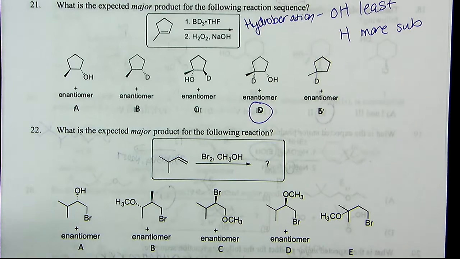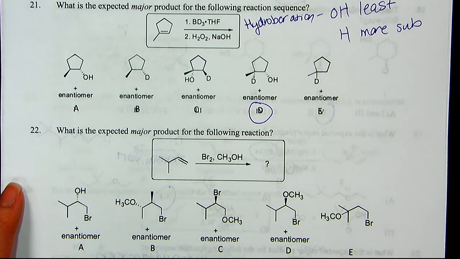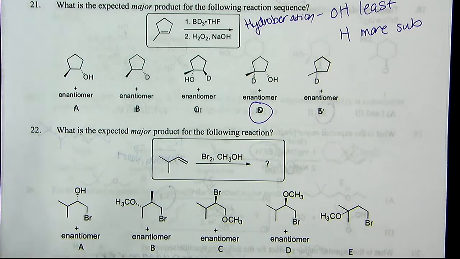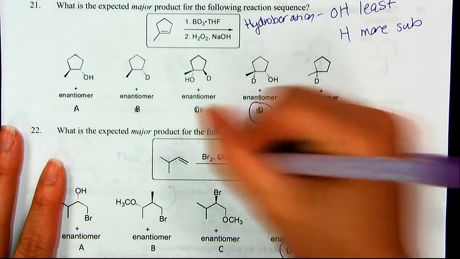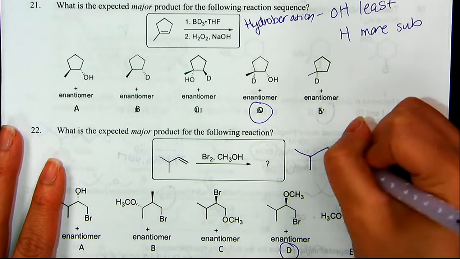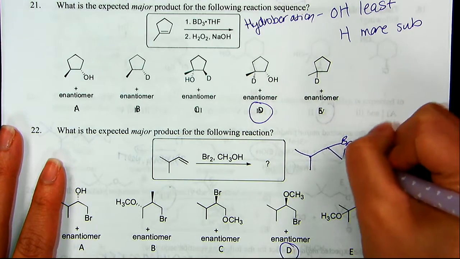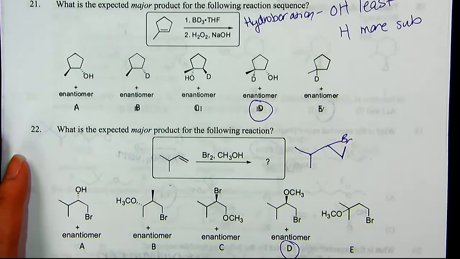Number 22. What is the major product of this reaction? So we have Br2 with methanol. When you do this, you should be adding a bromine group followed by a methanol group. It's like Br2 with water, but the methanol is going to be attached there. So this would be D. The bromine is on the more substituted side, and the methanol gets on the least substituted side, because in the mechanism you form the bromonium ion.